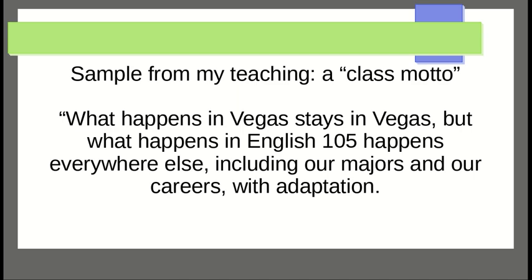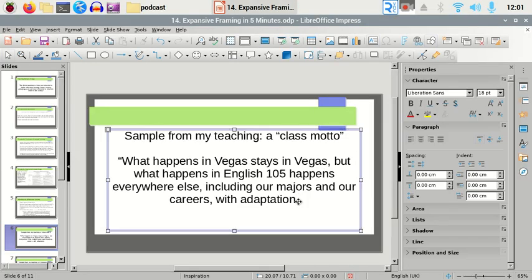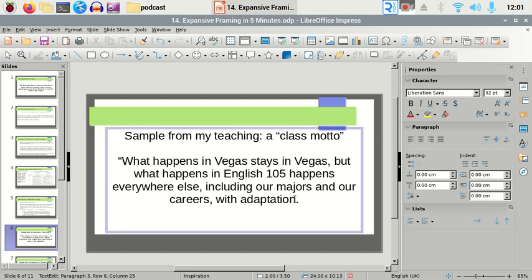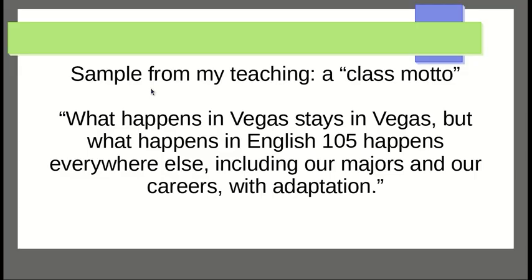I like to have students repeat it once in a while. Sometimes they'll ask me a question, and I might repeat it in response, or I might use it as a way to sum up something we've been working on. I really like to use it as something memorable, and they really do remember it.